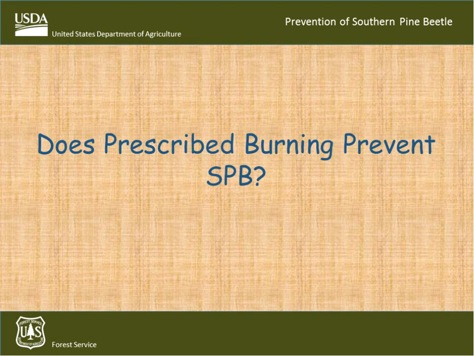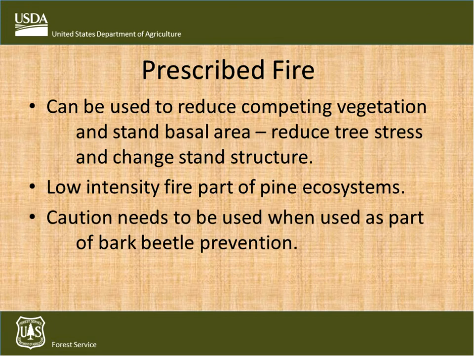So does prescribed fire or prescribed burning prevent southern pine beetle? This is somewhat of a controversial subject, but we've always allowed it underneath the southern pine beetle prevention program, even on a limited basis. It can be used to reduce competing vegetation, reducing the stress, and changing that stand structure, changing that microenvironment to a stand that pheromone plume would be more likely to blow out of if a bark beetle infestation started in that stand.